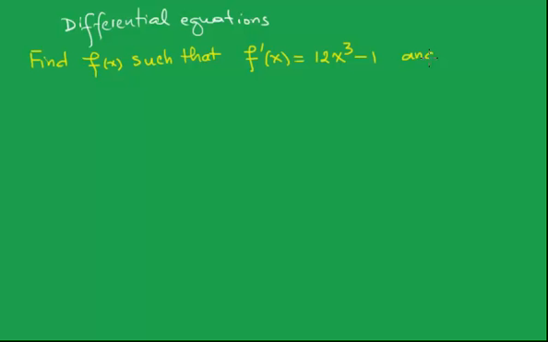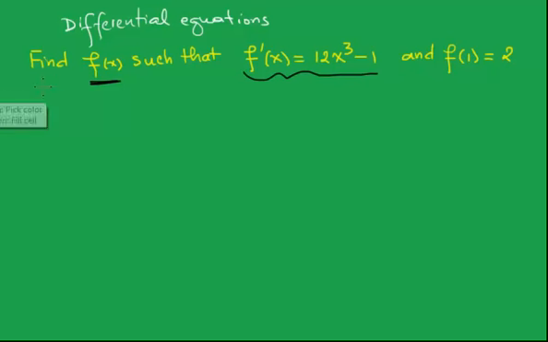And also it's given that f of 1 is 2. So this is a differential equation. We want to find a function f of x, but we are given the derivative. Remember, you have the derivative, you want to find the original function. What do you use? You use the antiderivative.